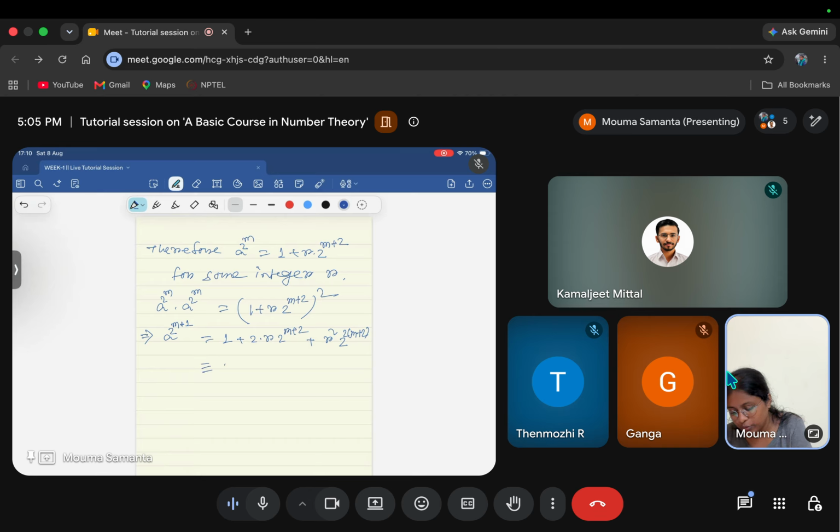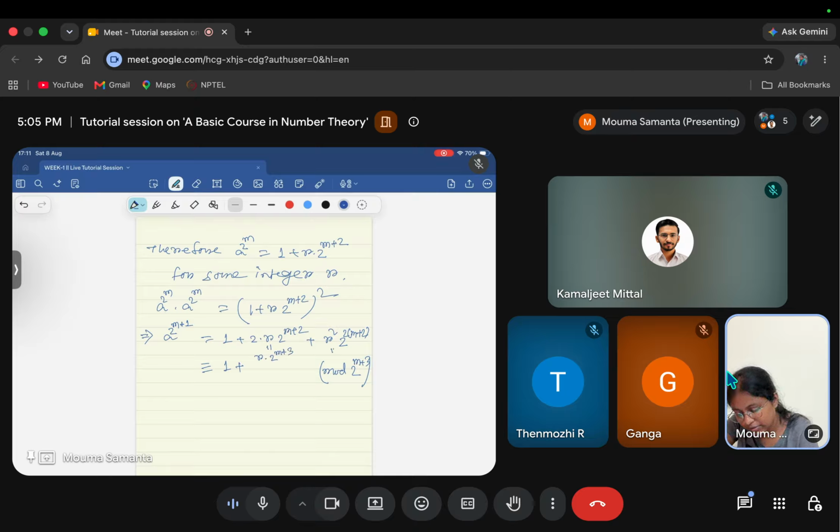This is congruent to 1 plus, what is this term? When we are taking it under mod 2 power m plus 3, what will it give us? We can write this term as r times 2 power m plus 3, right?